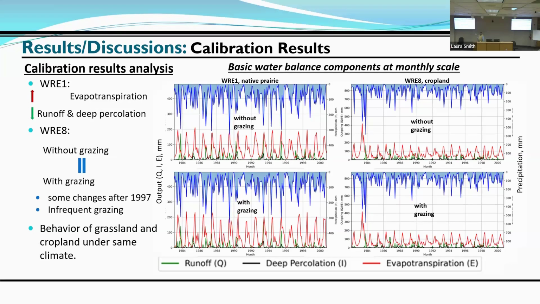This is because WRE8 has less frequent grazing and similar application of fertilizer, pesticides, and other activities. In general, if you look at the graph, the variability in water balance components between the two scenarios is greater in WRE1 than in WRE8.